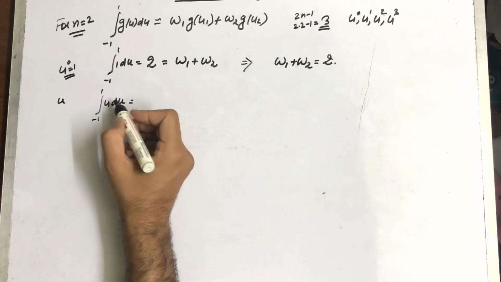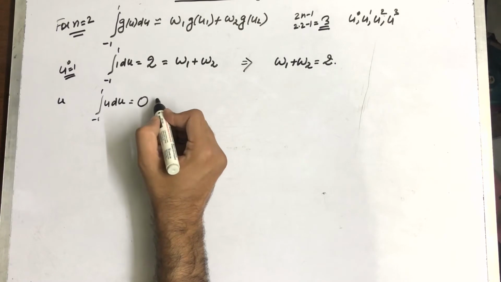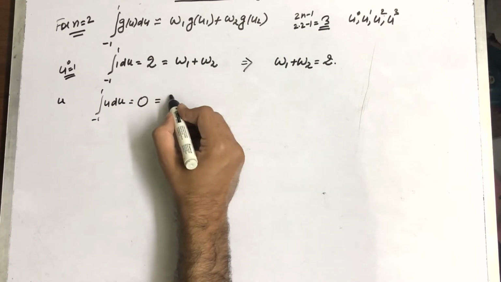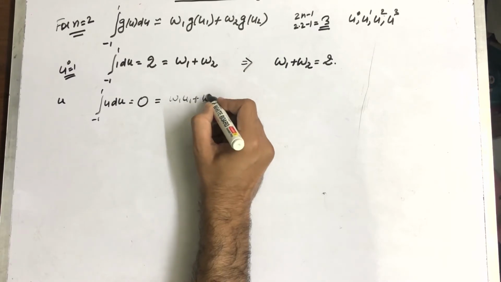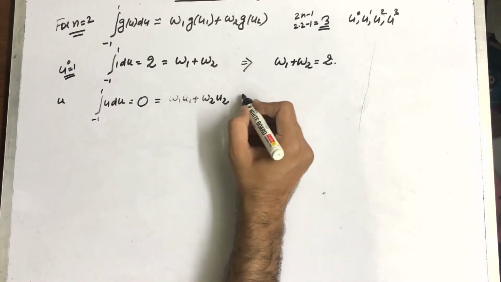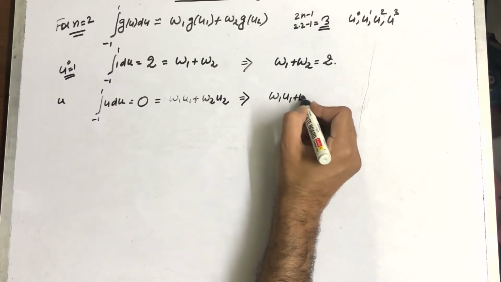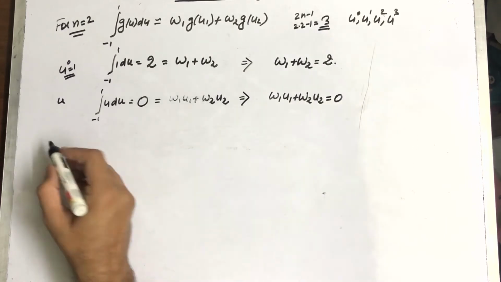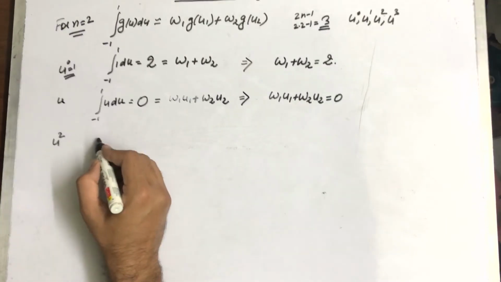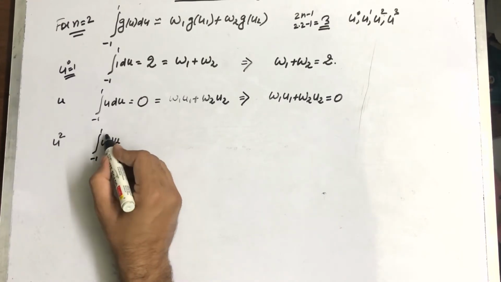We already know this is u square by 2, that is 1 by 2 minus 1 by 2, which comes out to be 0. And here it is w1 u1 plus w2 u2. So the equation becomes w1 u1 plus w2 u2 is equal to 0. For u square, the integral from -1 to 1 of u square du, here we have u square now.